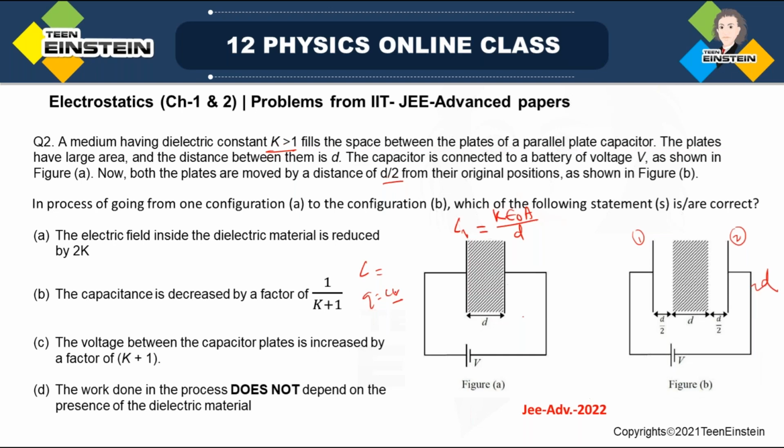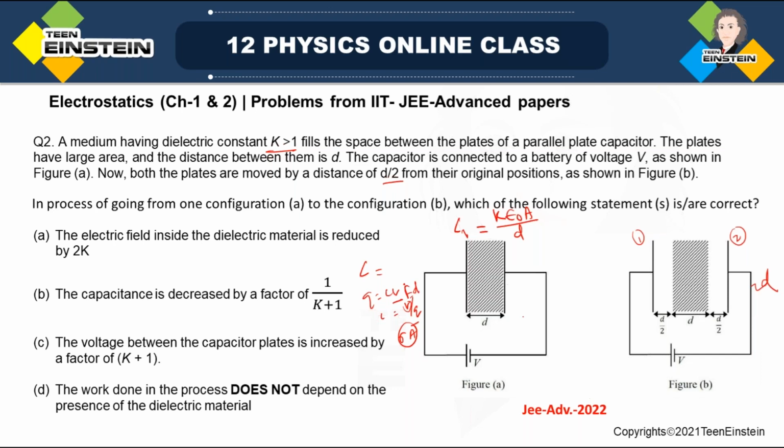C can be found out as Q by V. Q is sigma into A, we know that, and V is equal to E into d.